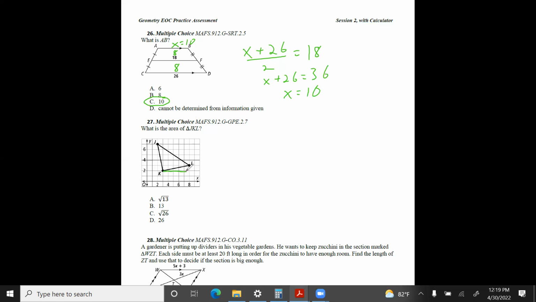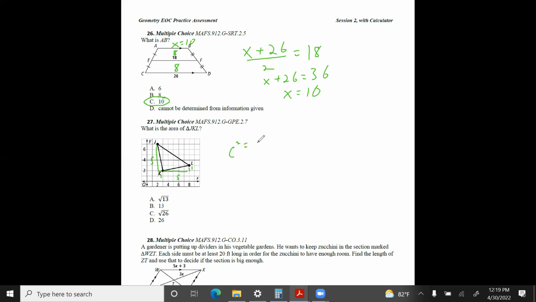This is 5 by 1. 1, 2, 3, 4, 5. This is also 5 by 1. So if I find the length of one of those pieces, I'll have both of my legs. So let's figure that part out first.